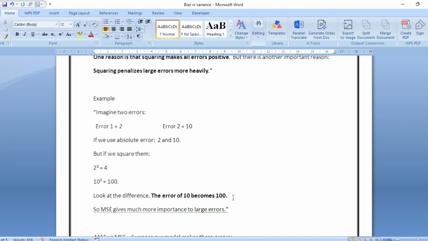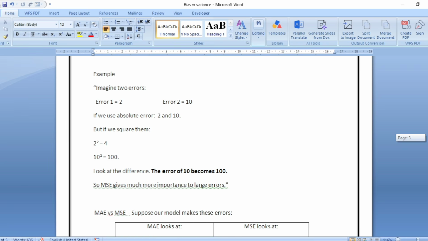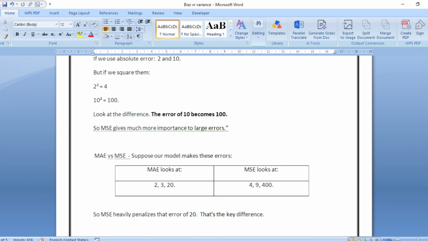So look at the difference. The error of 10 becomes 100. So mean squared error gives much more importance to large errors. This means that if our model makes a few large mistakes, mean squared error will increase significantly. So mean squared error is useful when large errors are particularly undesirable.